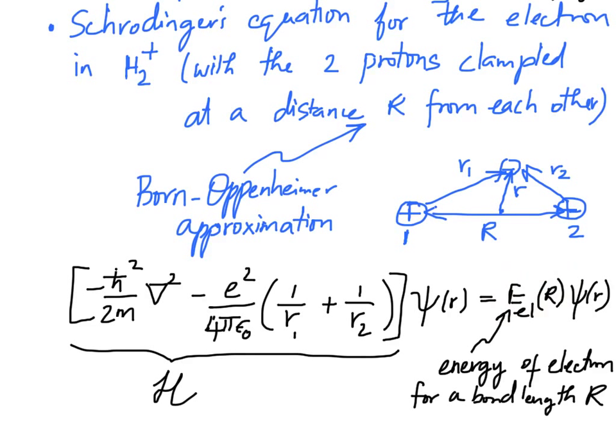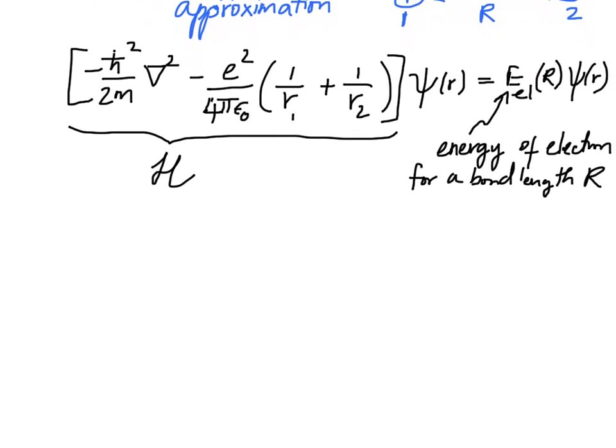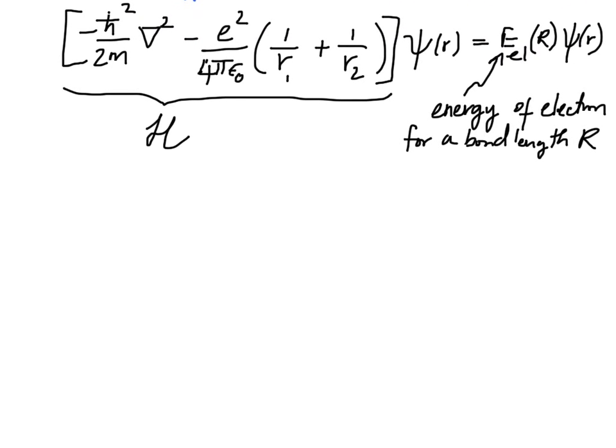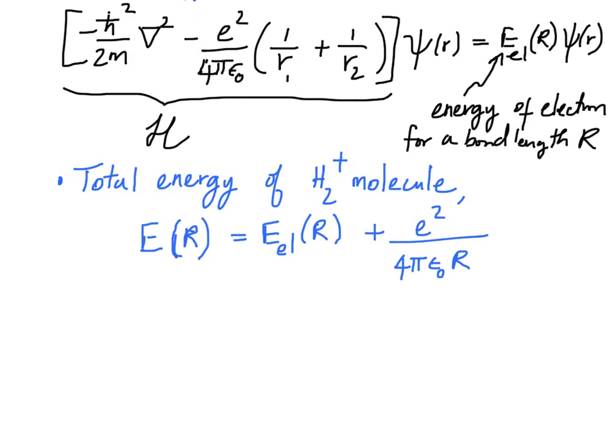But what about the total energy of the system itself? What is the total energy of our entire H2 plus molecular ion? So there it is. This is the total energy of our entire system. It's the electronic energy E_el, which we get by solving the Schrodinger's equation. That's just the electronic part of the total energy. But you have the two protons sitting at a distance R with respect to each other.